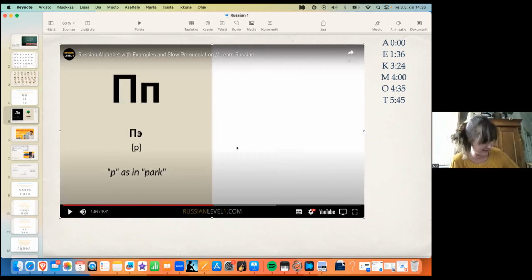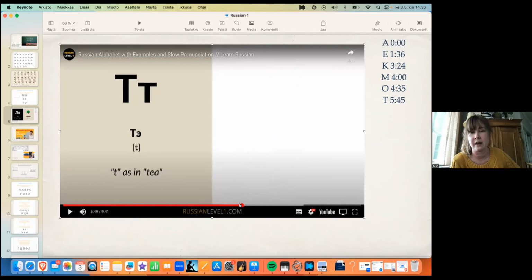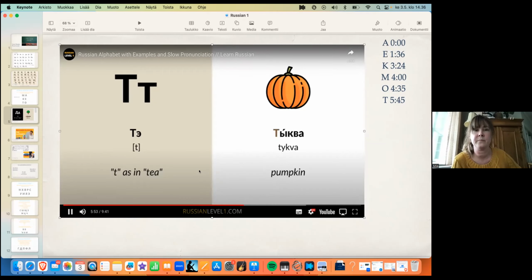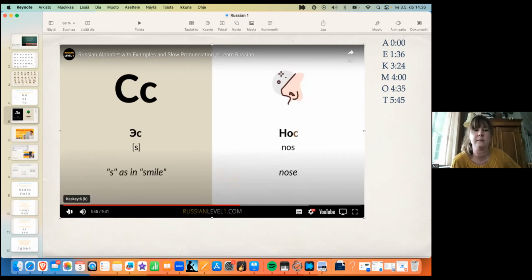And then one more letter, T or te in Russian. Not T, but te. So it doesn't have that much of an emphasis. It's just te, like in Finnish, we say te. Oh, sorry, I went too far. 545. There we go.